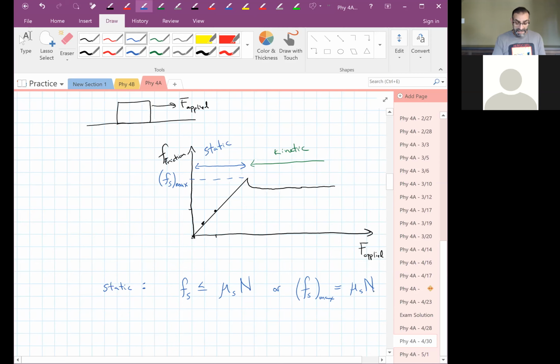So what does the friction force depend on? You might think that the friction force depends on the surface area, the contact area with the surfaces. You might think it depends on the weight of the object. You might think it depends on other things.